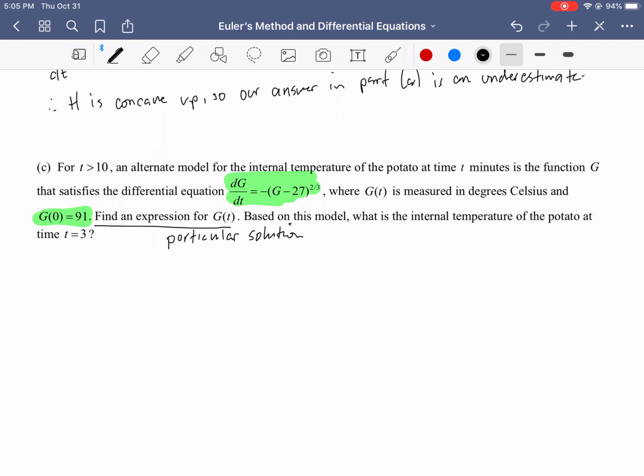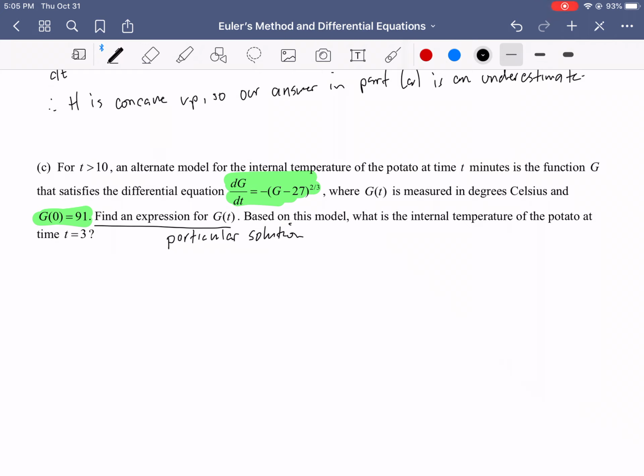So this is where I'm going to bring out my process of separating variables and finding antiderivatives and putting plus c, and then using the initial condition to find c, and then finally solving, in this case, for the variable g, because notice that g is taking the place of the variable y, and t is taking the place of the variable x.